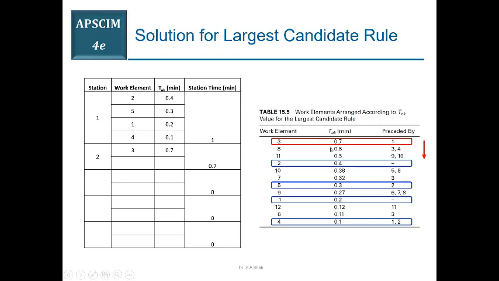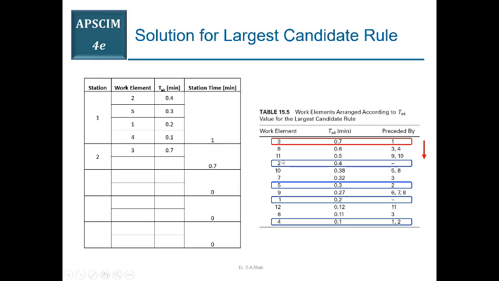So अगर ये आप assign करेंगे, again you will be increasing the cycle time of the system, which will directly affect the production rate. So this cannot be assigned. This can be assigned, but it is not the feasible element that you can assign to workstation number 2.